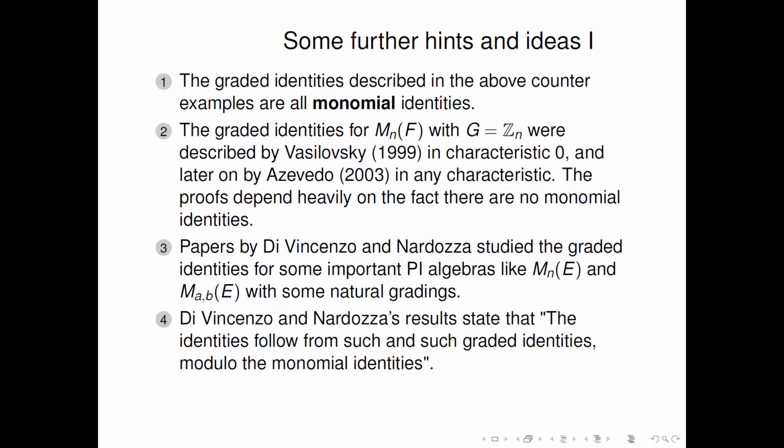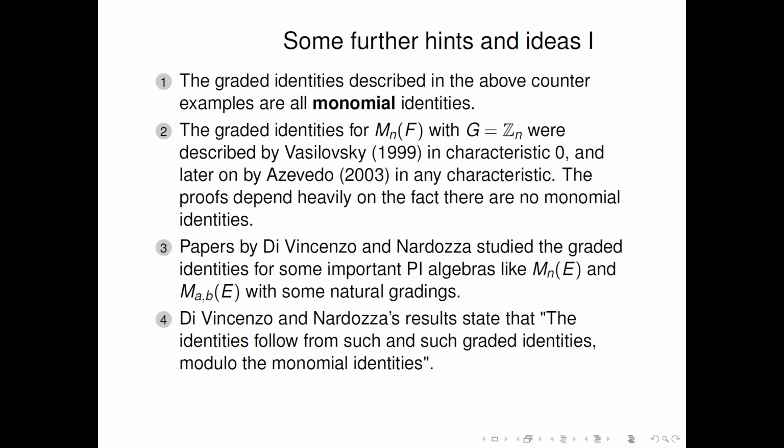Since you see, we produce some examples that involve monomial identities. That's some monomials that vanish. And as we already discussed, take Zn-graded n by n matrices, the graded identities are known, and the proofs depend quite heavily on the fact that there are no monomial identities under this grading.